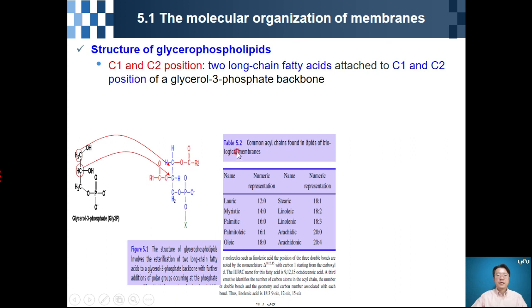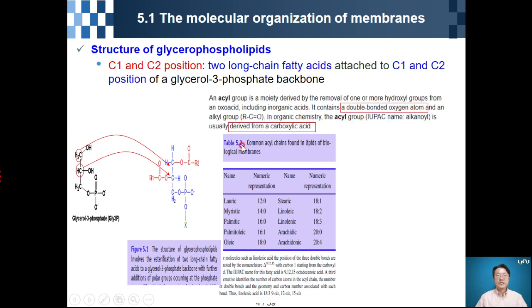Table 5.2: the acyl chain has a double bonded oxygen atom, and this acyl group is usually derived from a carboxylic acid. Table 5.2 summarizes the common acyl chains found in the lipids of the biological membrane.